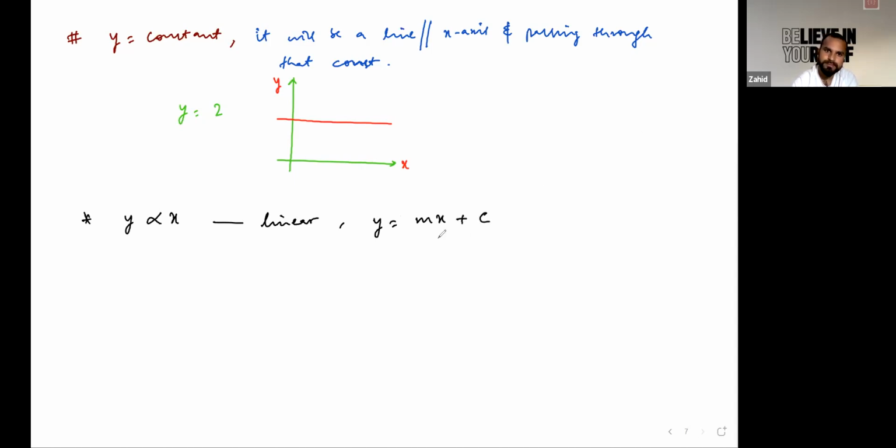Here, m is called the slope, or tan theta, where theta is the inclination with respect to the positive x-axis in the anti-clockwise direction.